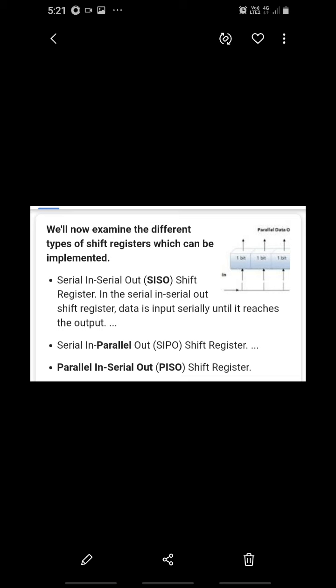Similarly, the serial in, parallel out shift register arrangement can transfer data from a low speed device to a high speed device. The IC 74165 is an example for parallel in, serial out shift register.